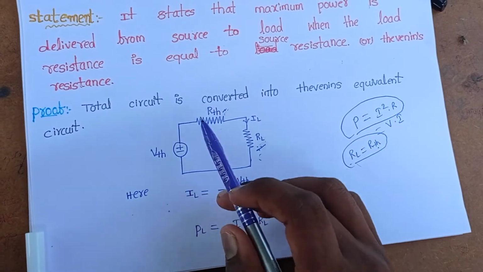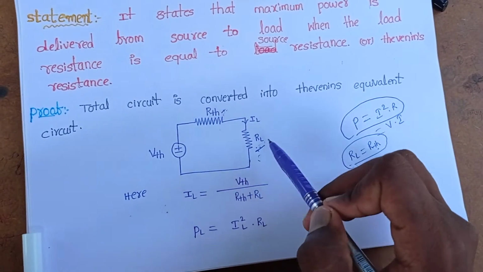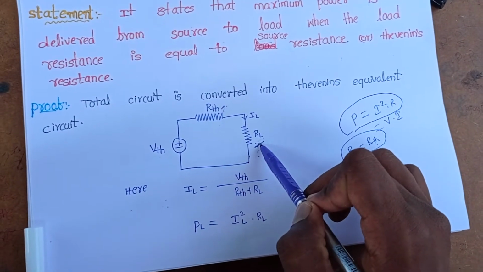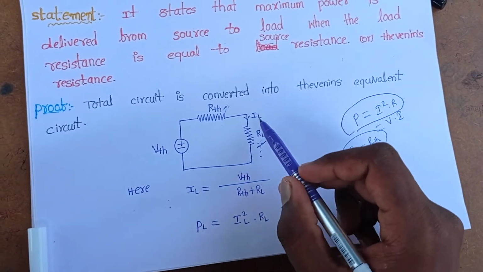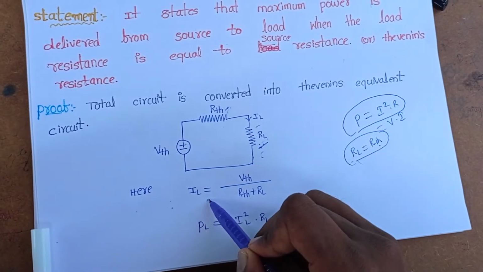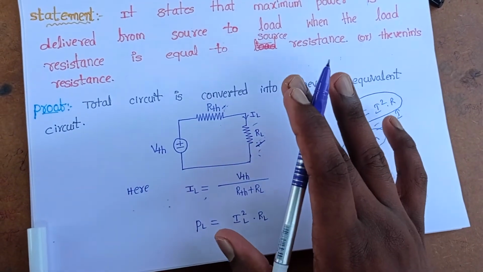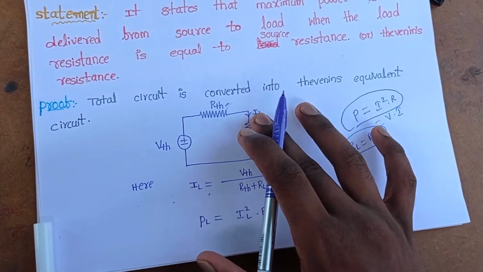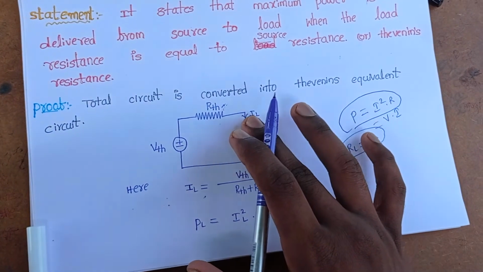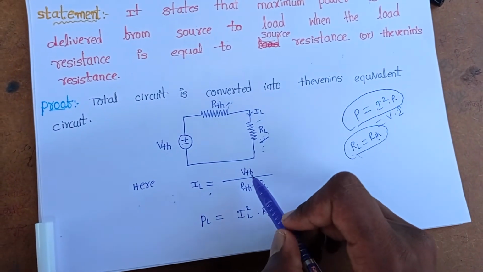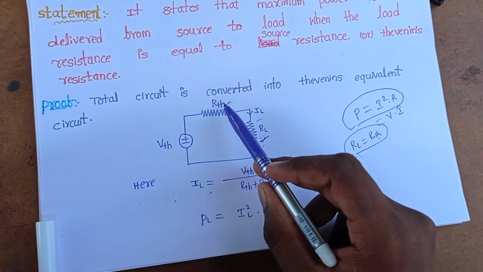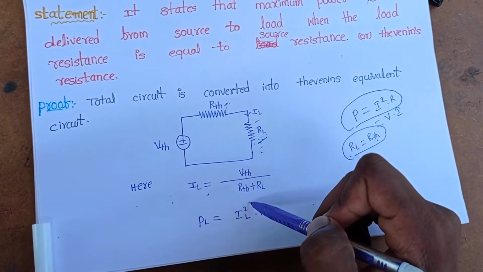VTH is the Thevenin's voltage, RTH is the Thevenin's resistance, RL is the load resistance. We know the load current is IL. IL is equal to total voltage by total resistance. I is nothing but current, and current is equal to voltage by resistance: VTH by RTH plus RL.